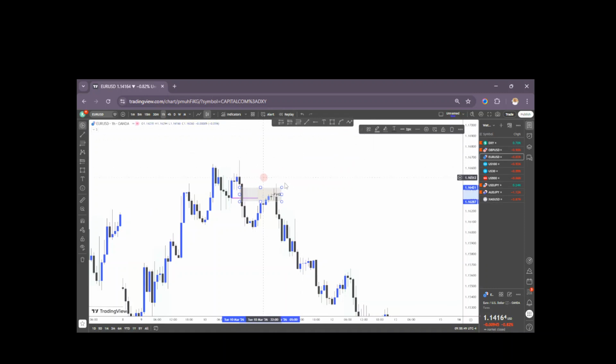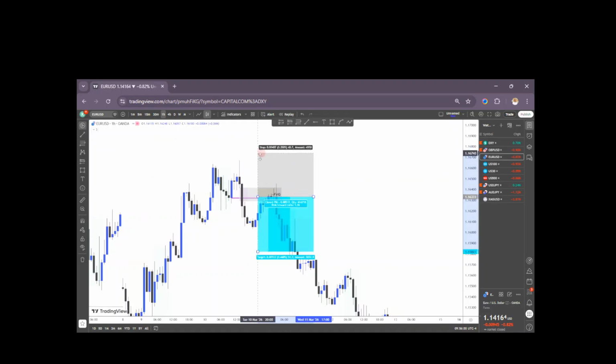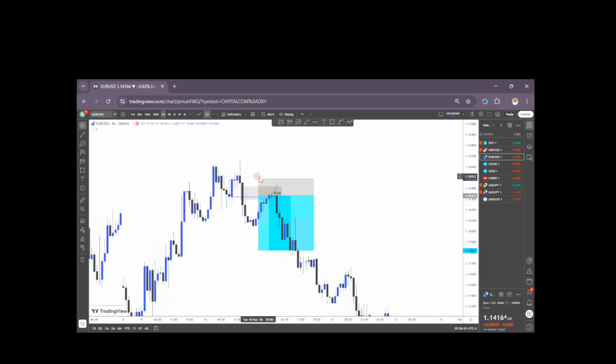You can see price came back to this bearish fair value gap and reacted from it. So I took my shots from this point here. I placed my stop loss just above this high.